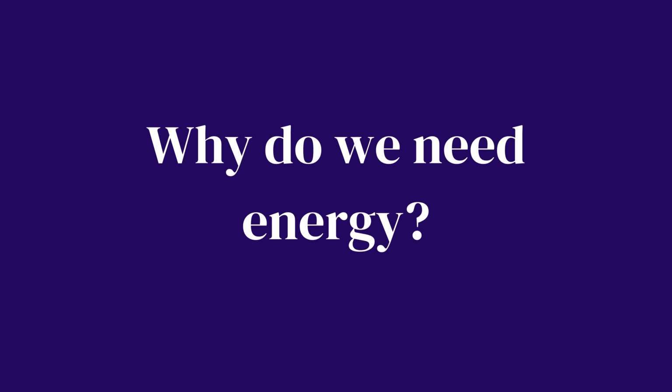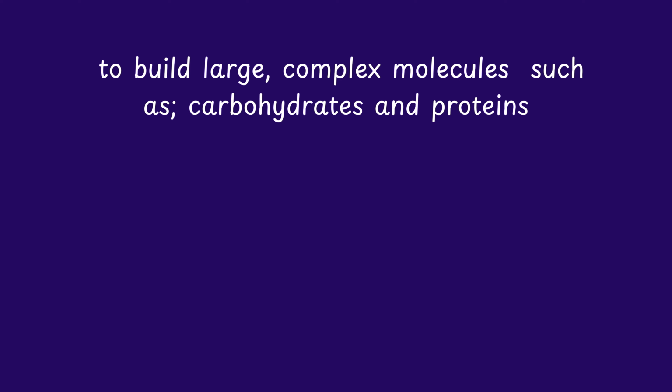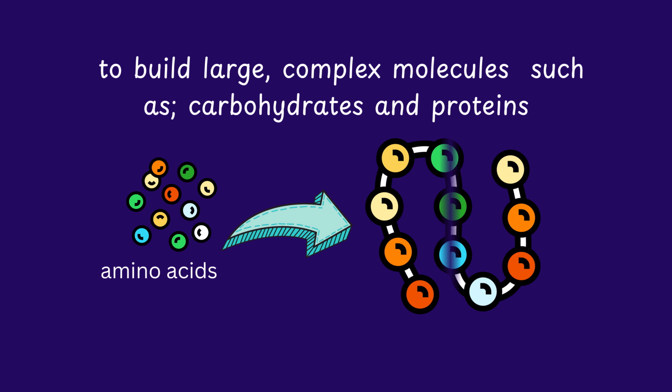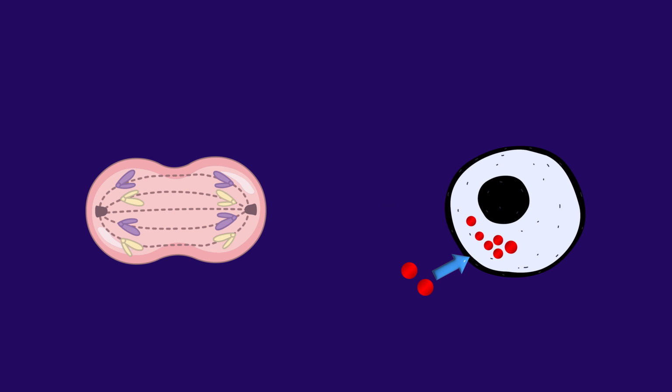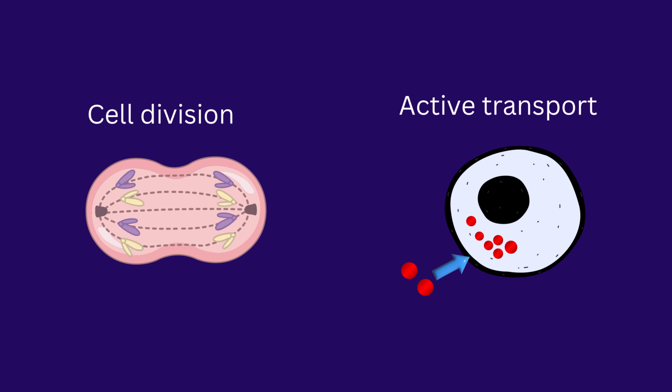Why do we need energy? We need energy for things we do not think about on a daily basis. For example, to build large complex molecules such as carbohydrates and proteins. We also need energy for cell division and active transport. The obvious answer to that question, though, is for movement.